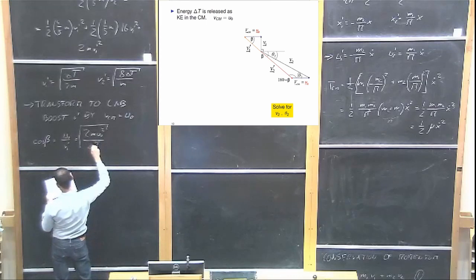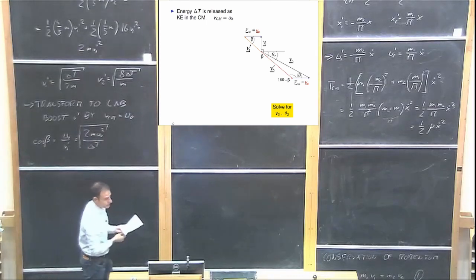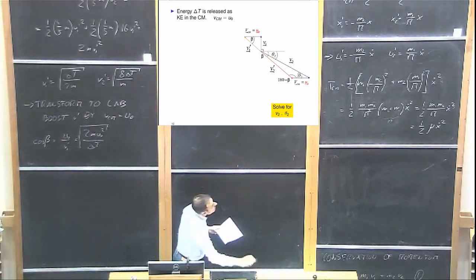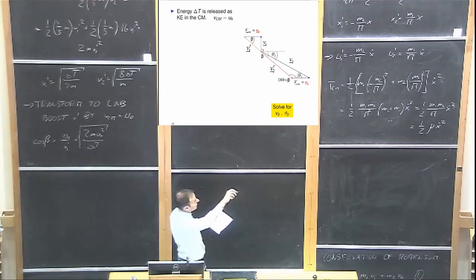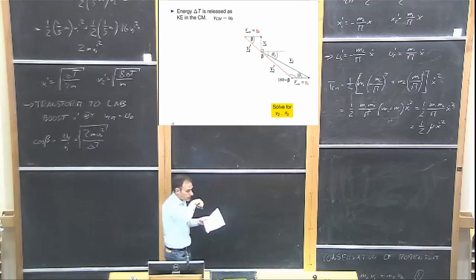This is what you can make use of, this right angle you have here, and you also have it up here, and with that you can immediately work out that the cos is the adjacent side to the hypotenuse, and with that you can solve that.